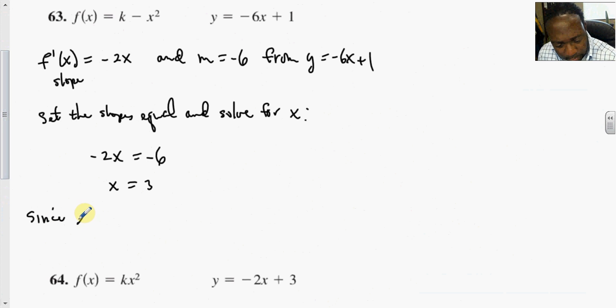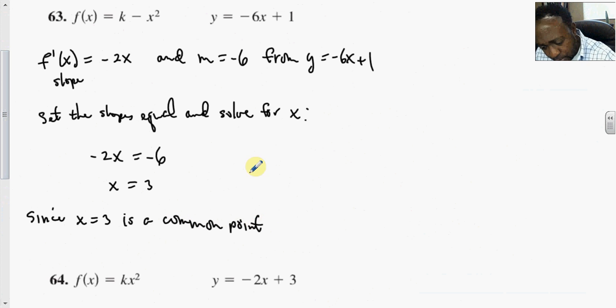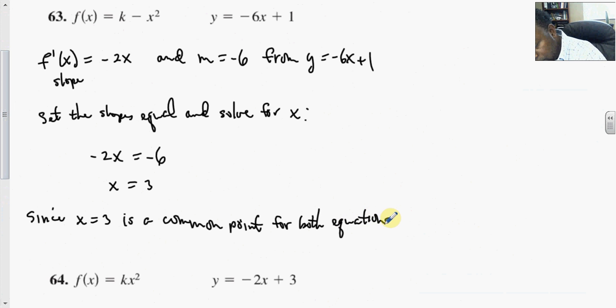So since x equal 3 is a common point for both equations, this implies then that if I plug in x equal to 3, I can set the equations equal at x equal to 3.